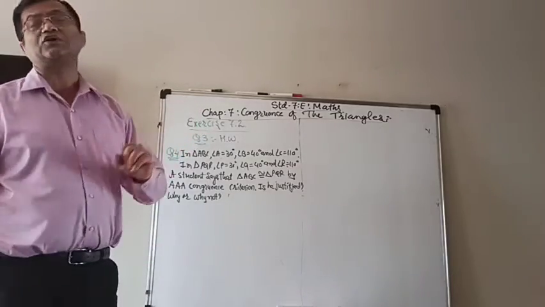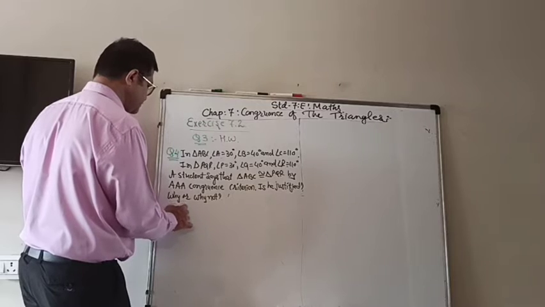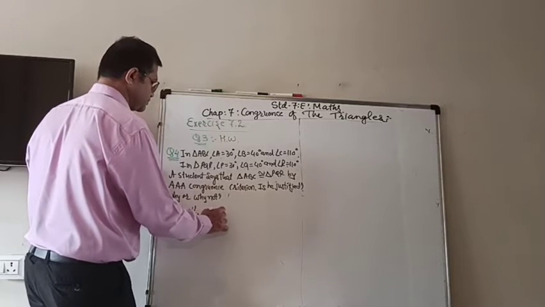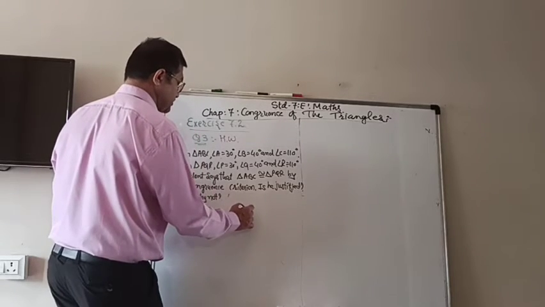the triangles are congruent. So we can write down here, no, the student is not justified.